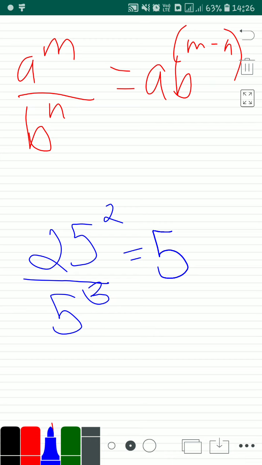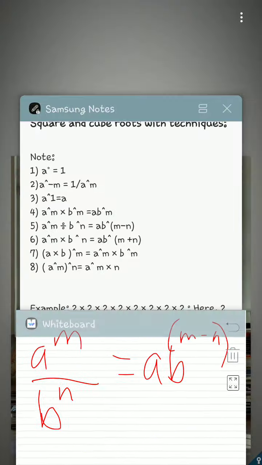So now we have to do 2 minus 3, that will give you minus 1. If you don't understand minus 1, I will keep it simple for you. Let m be 3 and n be 2. So here we get 3 minus 2 is equal to 1. This will be the answer, that is m minus n.